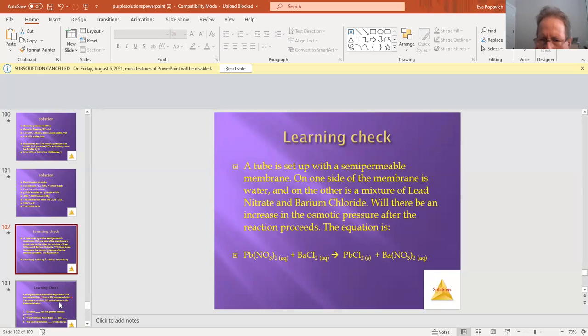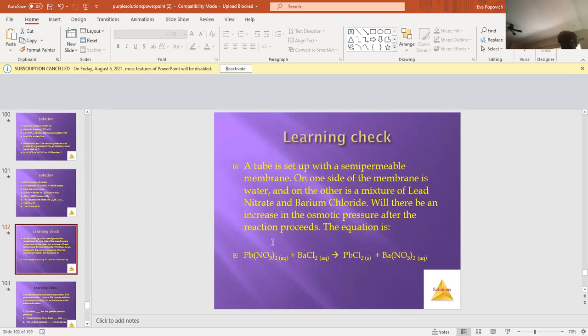So Rhea, how many particles does the lead nitrate contribute? How many lead atoms are there in that salt? 1. How many NO3s? 2. So lead nitrate gives you 3 particles. We good?